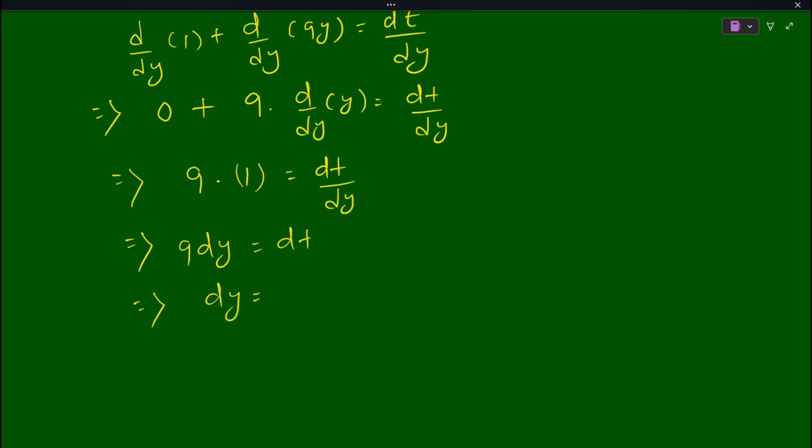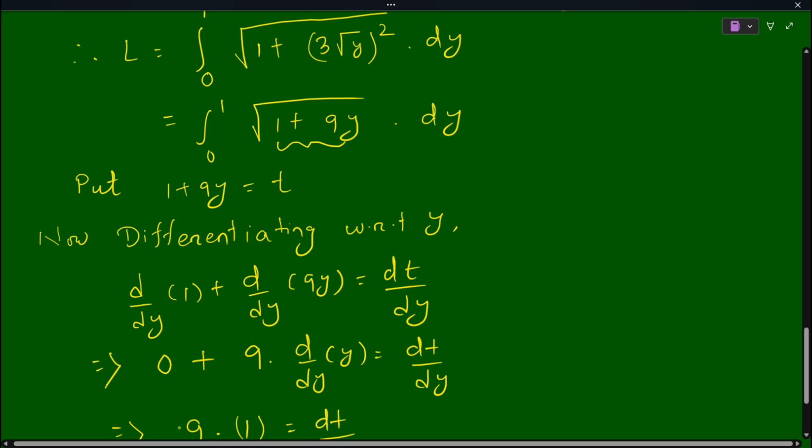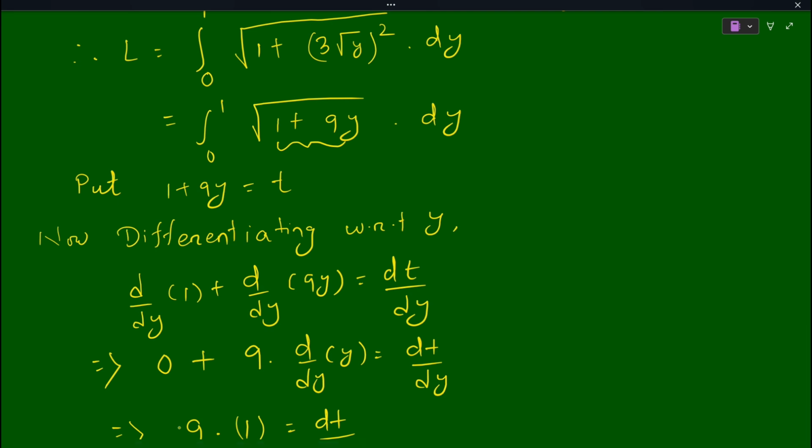Okay, so now we will find the limits according to t. Here the integration values are from 0 to 1 for y, so accordingly we have to find the limiting values for t also. So what will be these values? When y is equal to 0, t will be equal to 1 plus 9 into 0, which is 1.